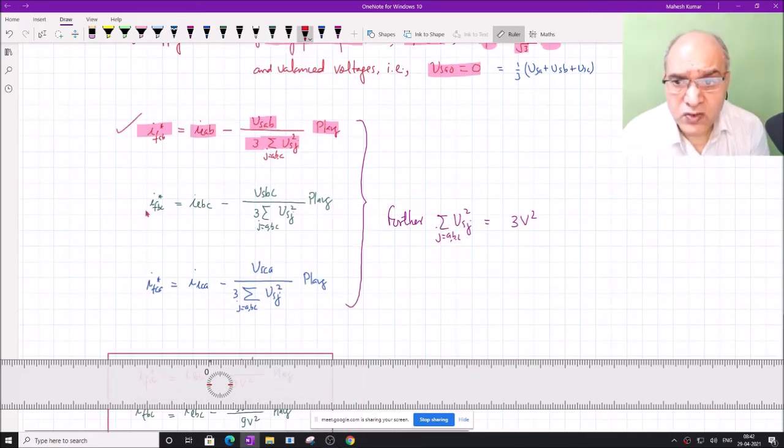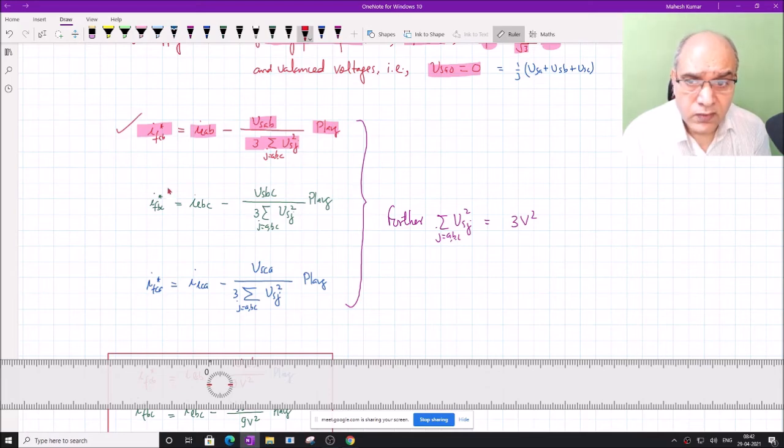So this is the first equation from A to B, and IFBC star is therefore ILBC minus VSBC by 3 times of sigma VSA square into PL average. And similarly we have IFCA star equal to ILCA minus VSCA by 3 times of sigma VSA square into PL average.